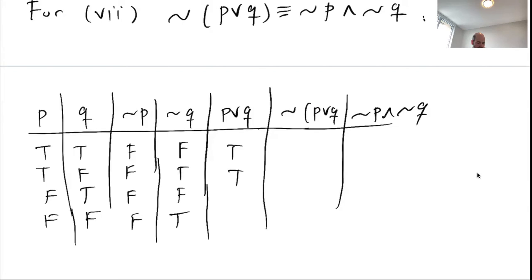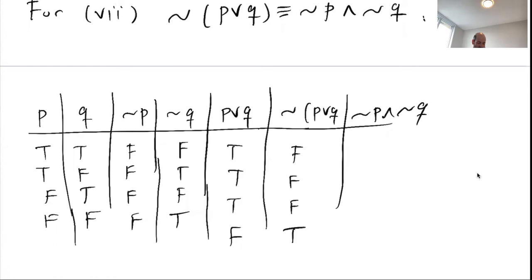True or false is true, false or true is true, false or false is false. The next column is negation of P or Q. I already have P or Q, so I just need to look at the last column that I wrote and negate it. Every true becomes false, every false becomes true. So true becomes false, true becomes false, true becomes false, false becomes true.